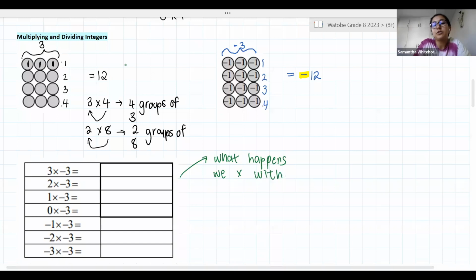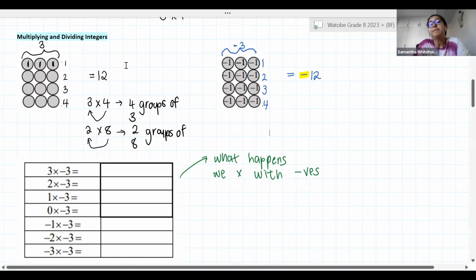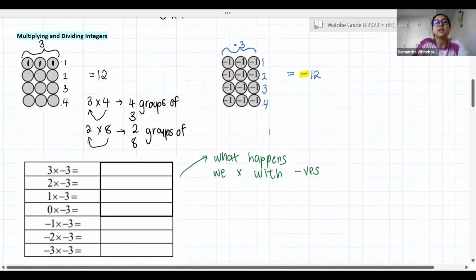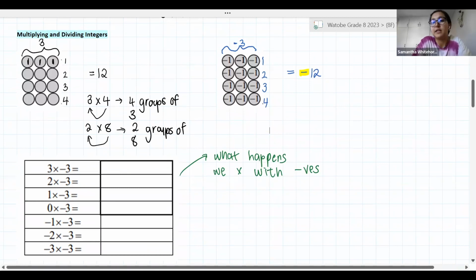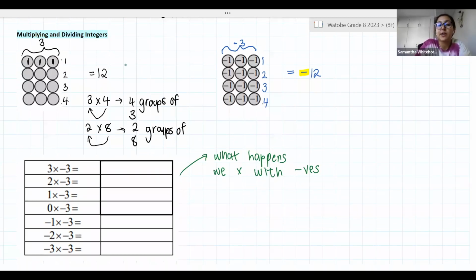Now, most of you know the rules for multiplying with negatives and dividing with negatives, but I just want to show you why that is the case. And it's quite a cool way to have a look at these negative values. To do this, we look at a pattern. If we have a look at this bold block, we know that +3 times -3 will give us a certain value.